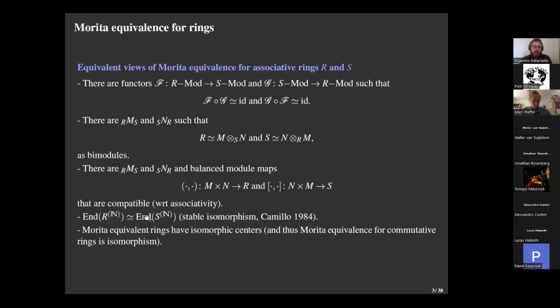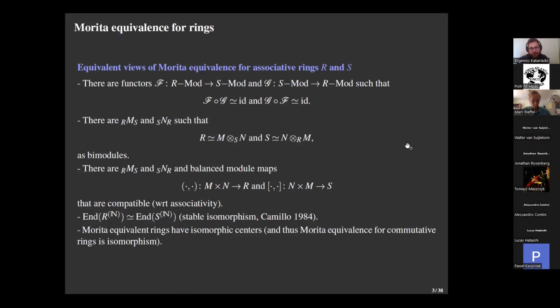That means that the representations, when you take the countable sum of R, are the same as the representations of S. Morita equivalence makes sense especially in the non-commutative context, because in the commutative context it is just isomorphism.